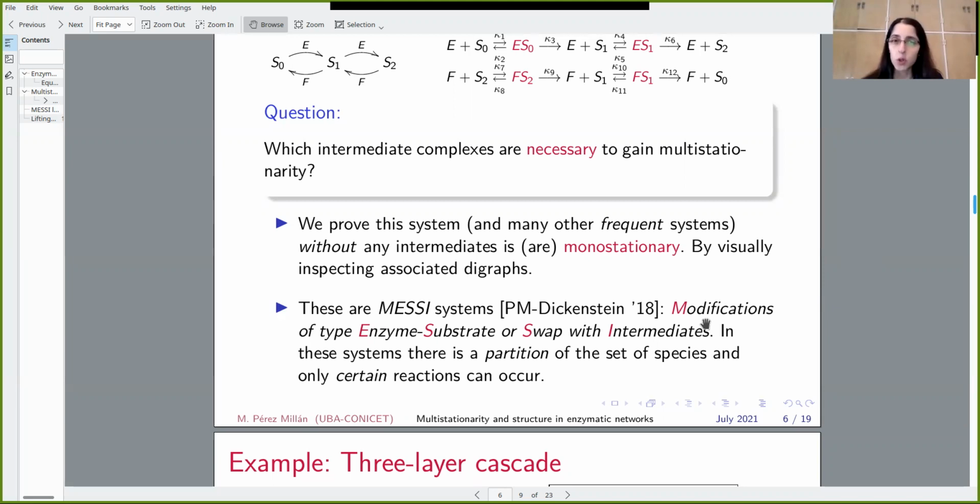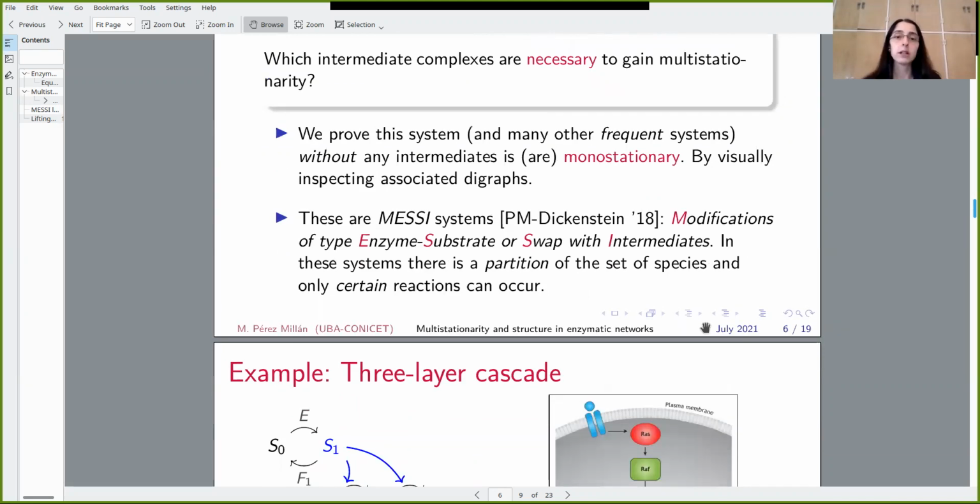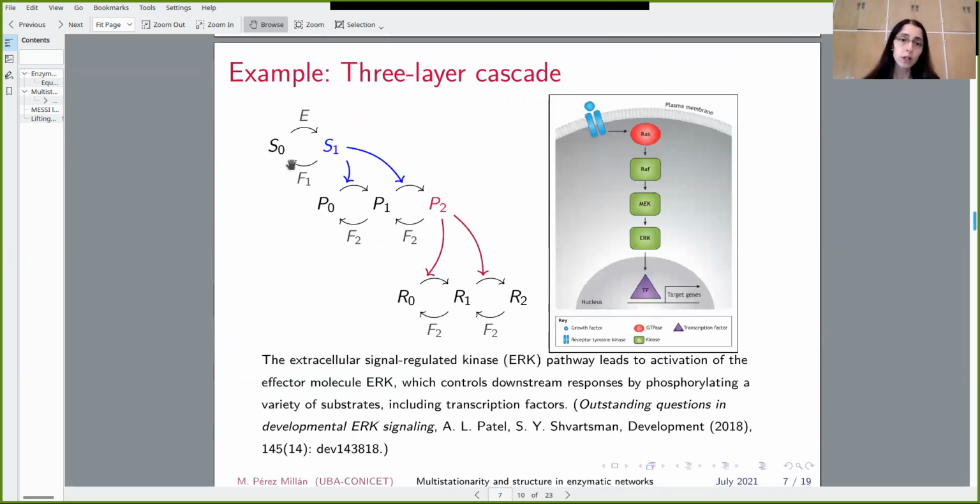So let me show you a more interesting example. This is the 3-layer cascade. Up here we have the cycle we saw before, and then S1 acts as an enzyme and transforms P0 into P1, P1 into P2. There's another enzyme that goes back, and then P2 acts as an enzyme transforming R0 into R1 and then into R2.